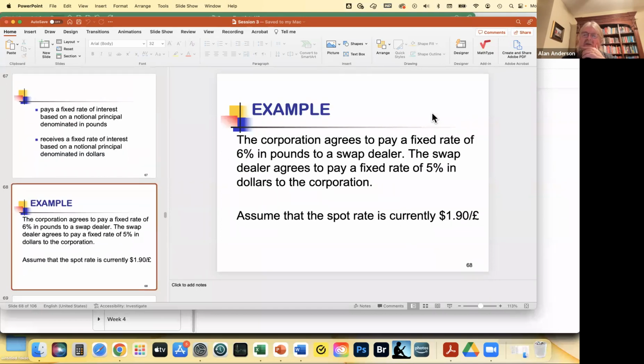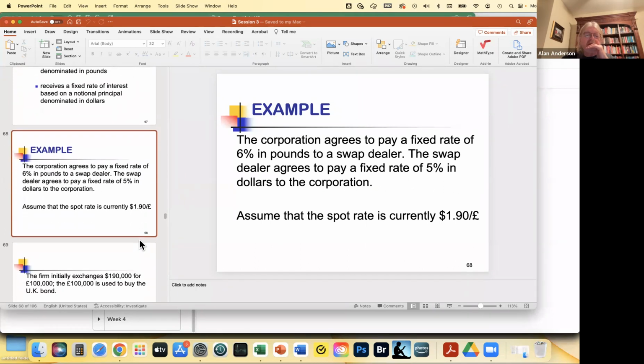So let's say we find ourselves a swap dealer and we agree to pay 6% in pounds in exchange for 5% in dollars. And let's assume that the spot rate between the dollar and the pound is $1.90 per pound. So what's going to actually happen with this swap?